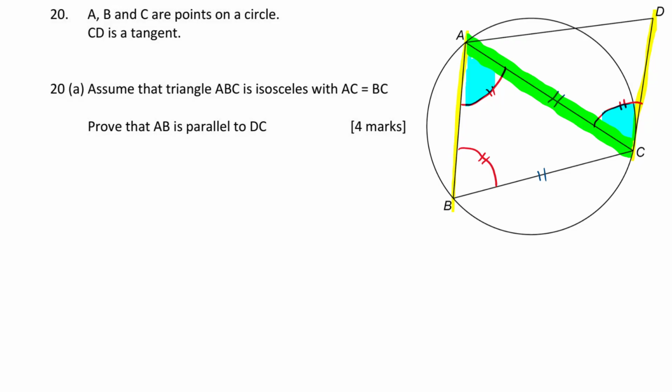Okay, so if you've got 2 parallel lines and a transversal, then these 2 angles, the alternate angles, are equal. Another way of saying that is, if these 2 alternate angles are equal, then the lines must be parallel. So it works both ways. Parallel lines imply alternate angles, and alternate angles also imply parallel lines. Okay, so we need to write that up.